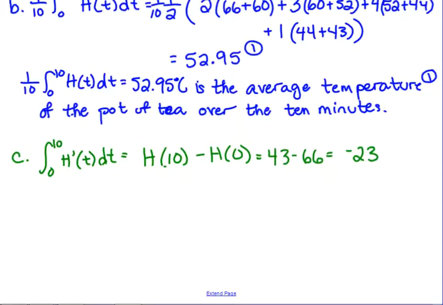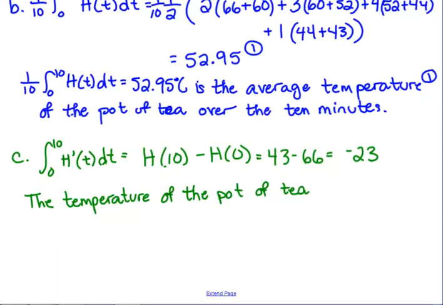Since it's negative, we can say the temperature of the pot of tea decreased. I like using the more mathematical terms. Decreased by 23 degrees Celsius over the 10 minutes.